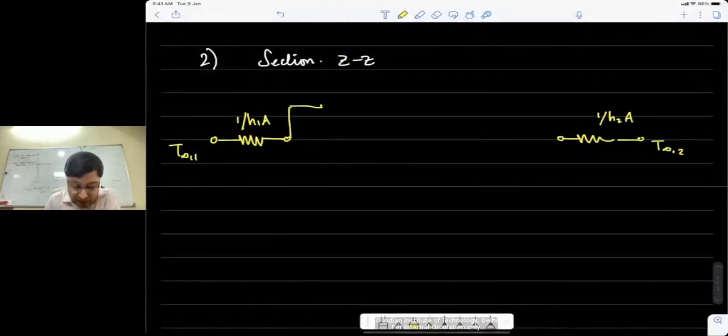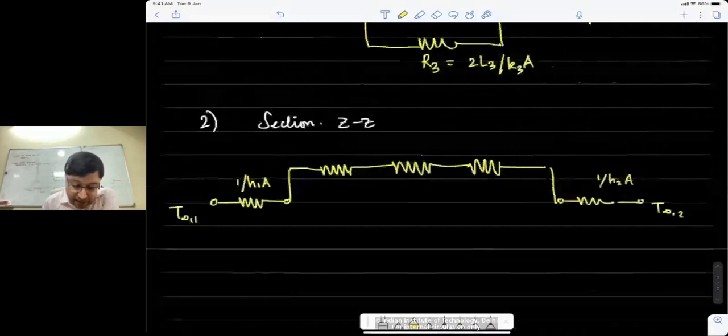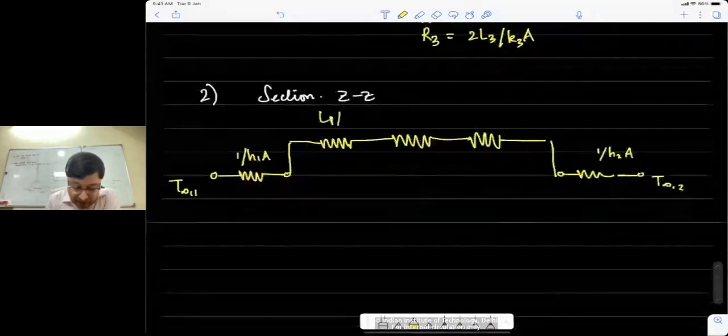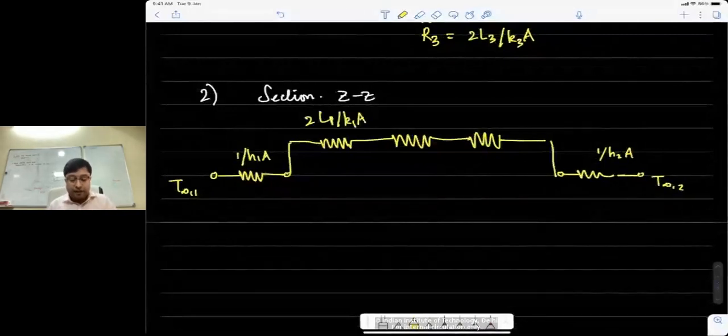So I can draw one as, which will have, in this case, L1 by K1A, and I will use a half there because I've divided the whole thing into half, so that there will be three resistances. One would be L1, corresponding to slab 1.